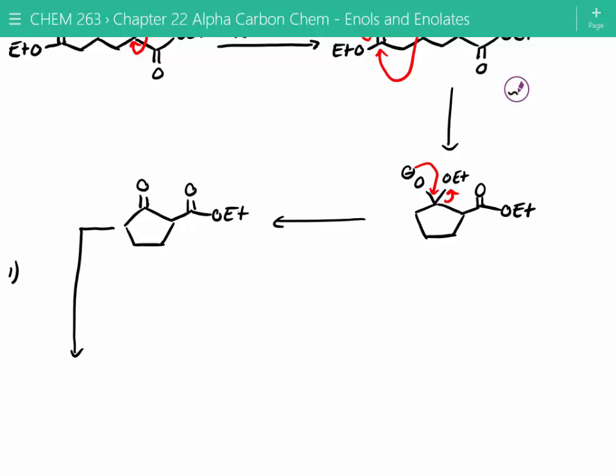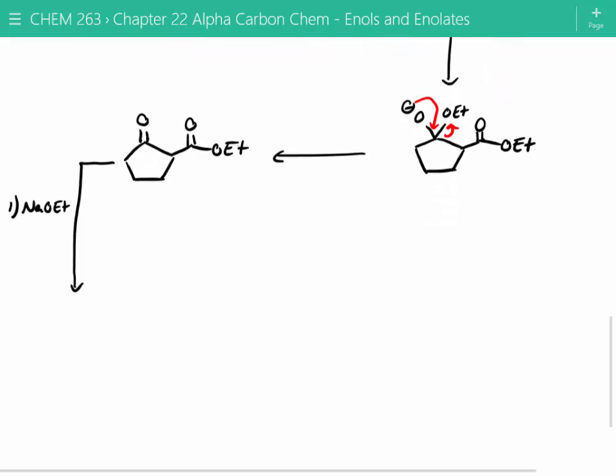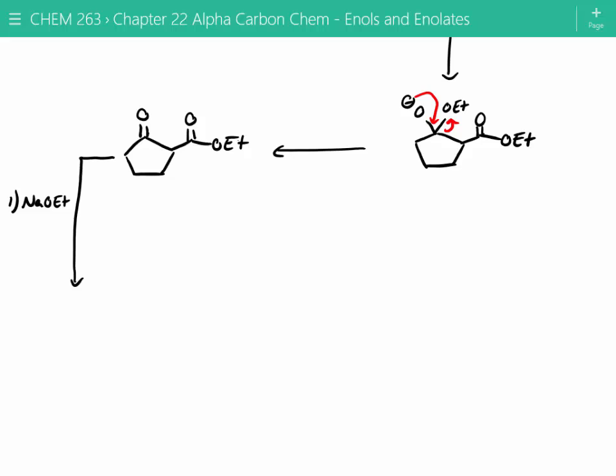I jumped ahead in my notes. Where will it deprotonate? In between the two carbonyls, we still have an alpha proton that this sodium methoxide can come around and grab.